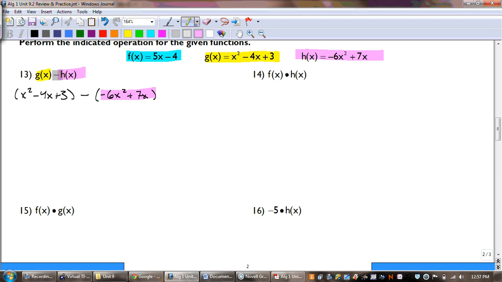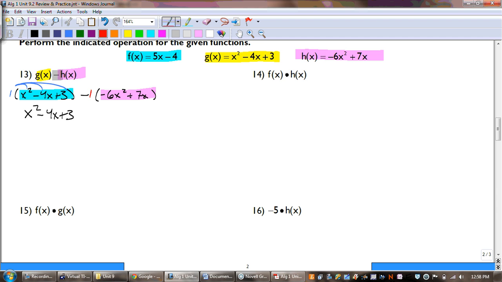So there's one formula, or one function, and there's the other. So if we're subtracting, well, first thing we got to do is get them outside of the parentheses. And we would want to distribute a 1. And the first one we distribute is a positive 1. So everything stays the same.